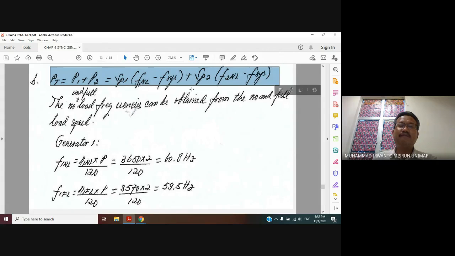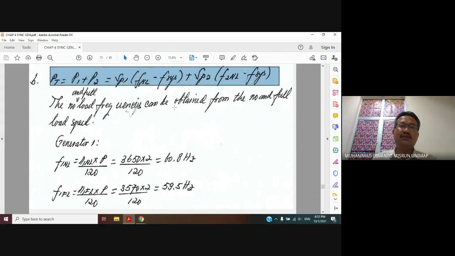We can see from here that SP is the slope of power frequency. In the question, the values of SP1 and SP2 are not given, so we have to find them from the power rating, because SP is equal to load power divided by no load frequency minus full load frequency.